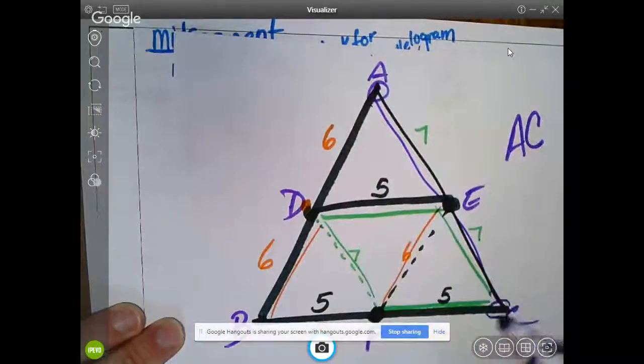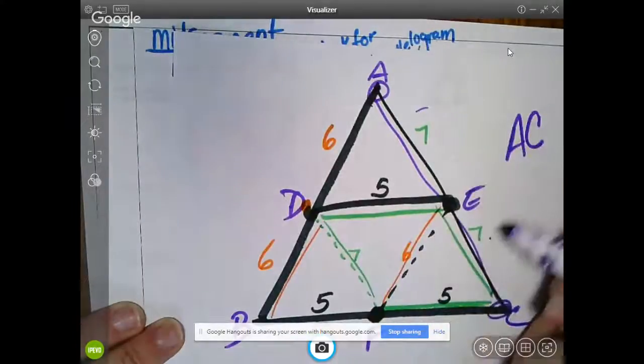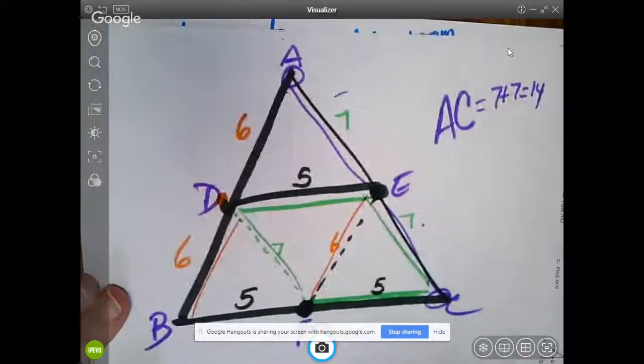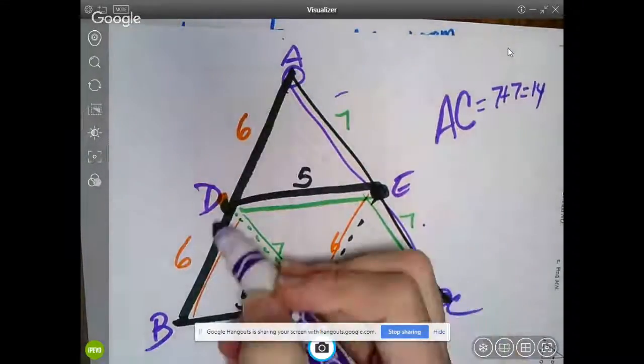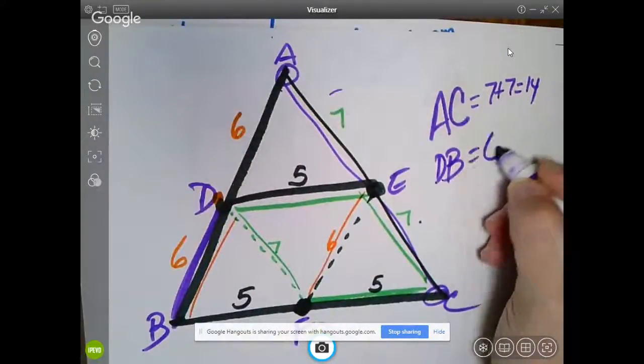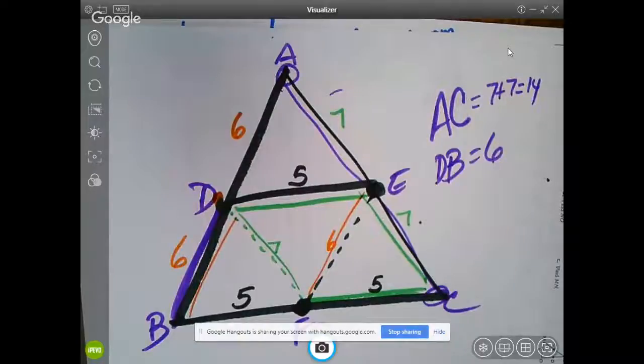You know this is AC. I have 7 plus 7, which is 14. If they ask you for something like what's DB, well, you already figured out that DB equals 6. But if they only give you the number at the bottom, we're going to do examples. You might not be able to figure out the whole piece, but you'll often be able to fill out most of it.